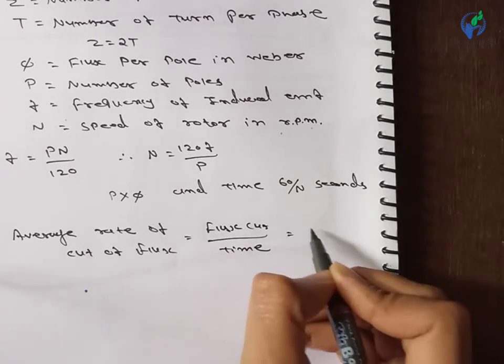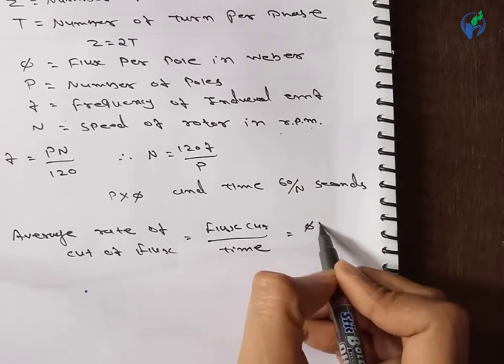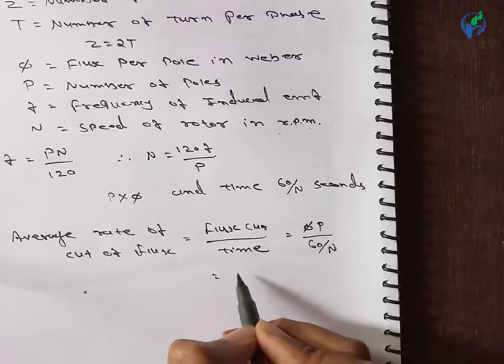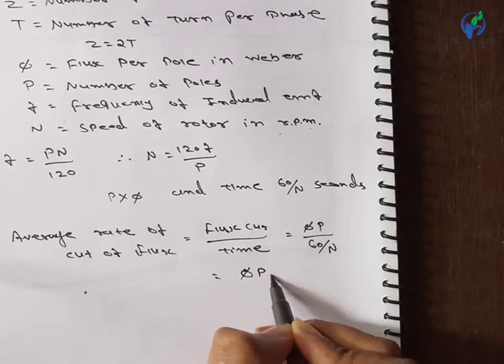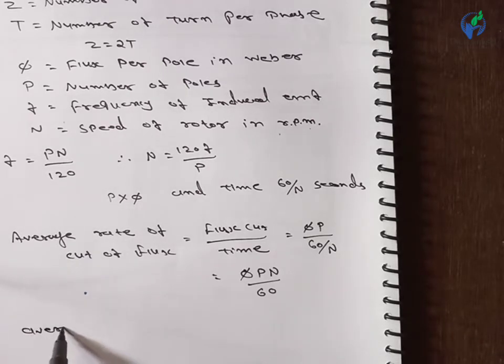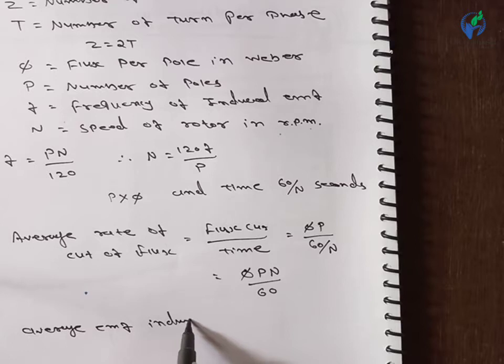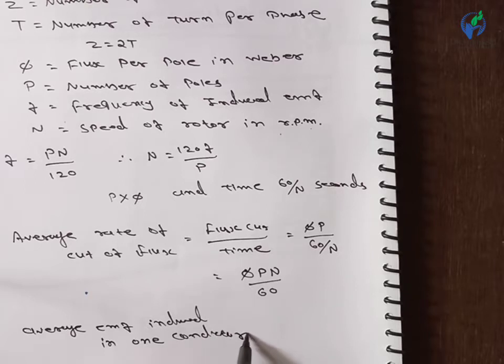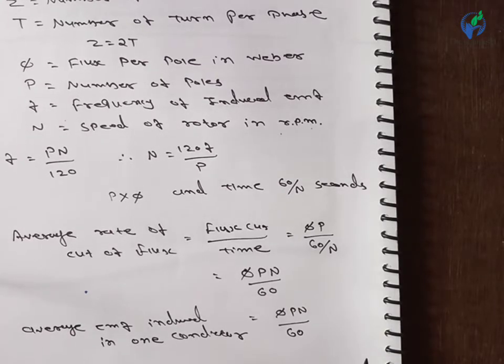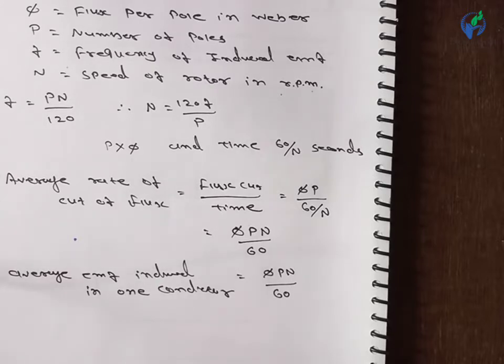So we can write flux cut is equal to Φ into P upon 60 upon N. So there is ΦP into N upon 60. This is the average EMF induced in one conductor.